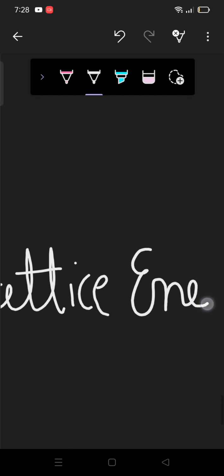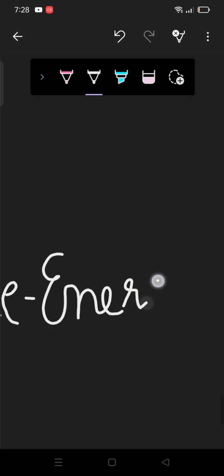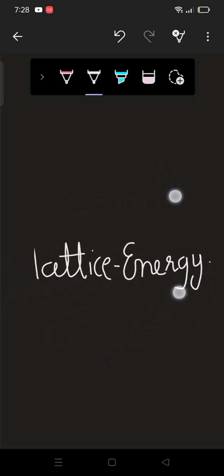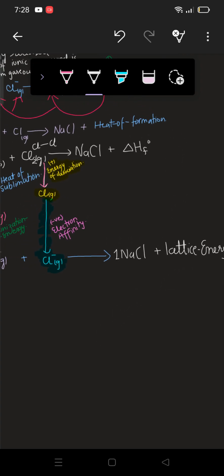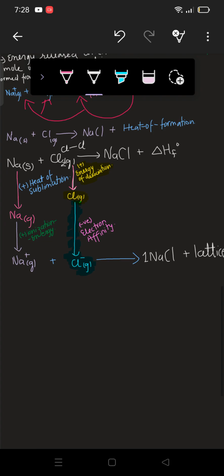Lattice energy is released along with the 1 mole of ionic compound when any reactants react together in the gaseous form. Now see, Na positive is in the gaseous form, Cl negative is in the gaseous form. They both reacted together to form 1 mole of ionic compound NaCl along with the energy released, and that is what we call the lattice energy.